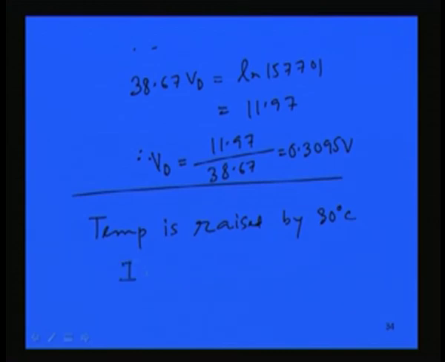So, the new saturation current, earlier 6.34 into 10 to the power minus 7, will increase by a factor of 2 to the power 30 by 10, that is 2 to the power 3, 8 times. So, 8 times 6.34 into 10 to the power minus 7 becomes 50.72 into 10 to the power minus 7 ampere, the new reverse saturation current.